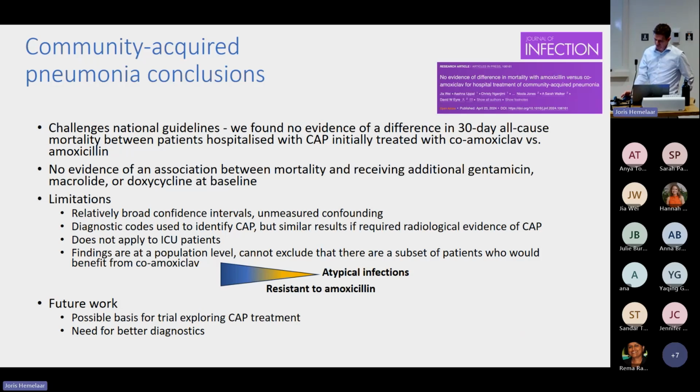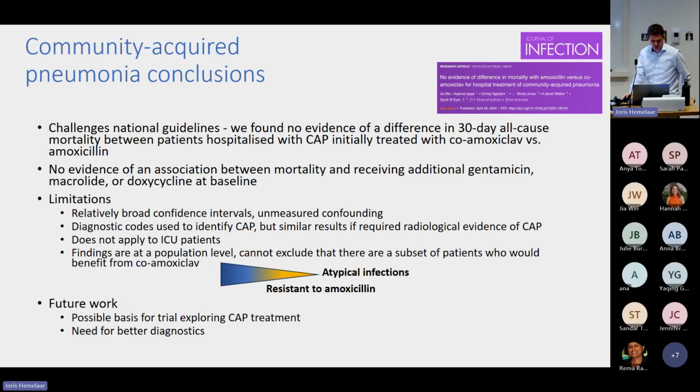And perhaps the biggest issue that will limit the clinical impact of these findings is that we're reporting what happens at a population level, whereas there may be people who are less common but who would benefit from different antibiotics, and their infections at the moment are quite difficult to pick out. So I think this could well motivate a trial, or further trials, evaluating optimal treatment for pneumonia.